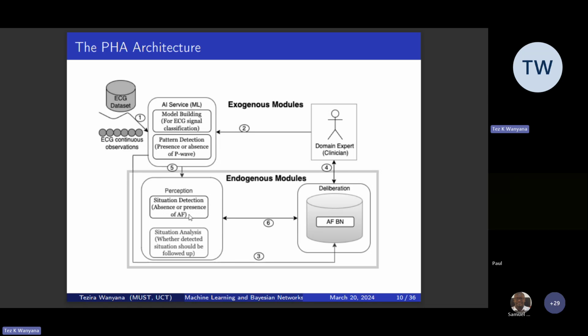In the perception part, we were detecting what situation that pattern is indicative of, maybe atrial fibrillation or not. In the last part of the architecture, the deliberation module, we are trying to explain the occurrence of the situation that we have seen. In the next few slides, I'm going to talk about what exactly happened in each of these modules of the agent, and how they were interacting with each other.